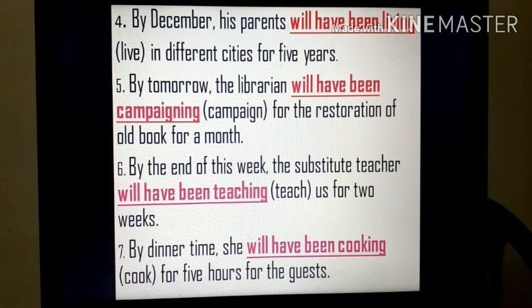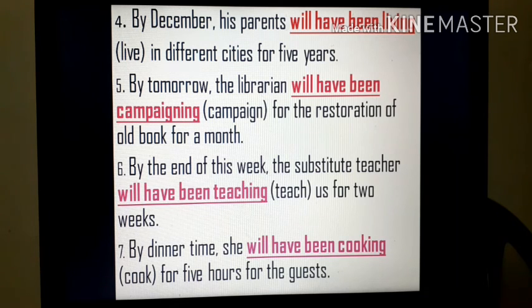Fifth, by tomorrow, the librarian will have been campaigning for the restoration of old book for a month. Sixth, by the end of this week, the substitute teacher will have been teaching us for 2 weeks. And the last but not the least, seventh, by dinner time, she will have been cooking for 5 hours for the guests.